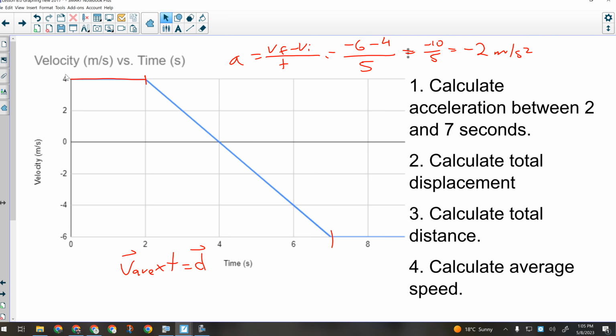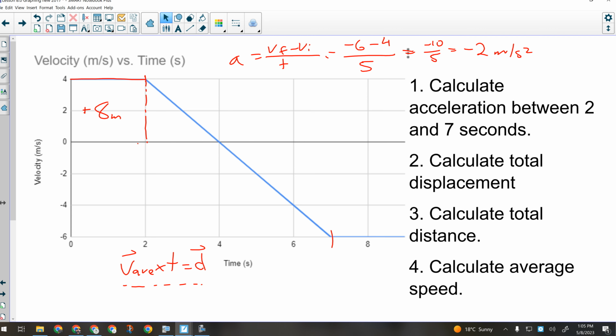So does that mean that the average velocity during that time was also 4? It does. If the velocity was constant, it's also the average. So if I want to use average velocity times time to get the displacement during that part of the graph, I find the height, which is the average velocity, 4, times the base, 2. And I get that that part of the graph is +8 meters.